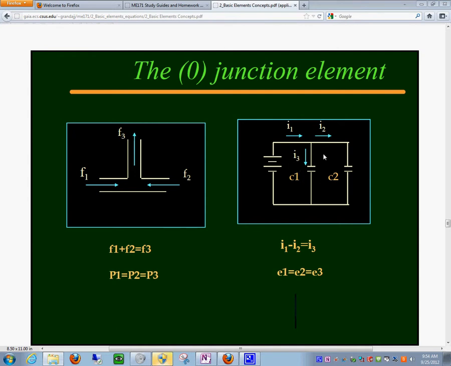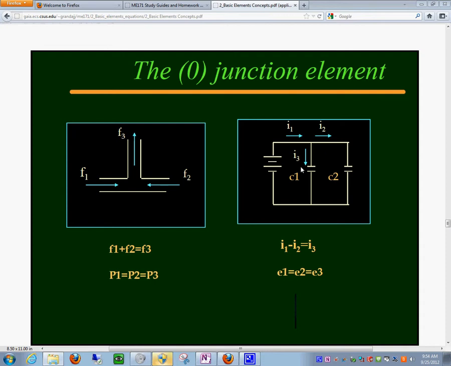In a circuit, that's called Kirchhoff's laws, remember? So in here, according to Pascal's principle, the pressure is the same and the flows sum. According to Kirchhoff's law here, the currents sum. But what about the voltage here? It's the same, right? For this kind of connection, the voltages are the same, but the flows will add up.